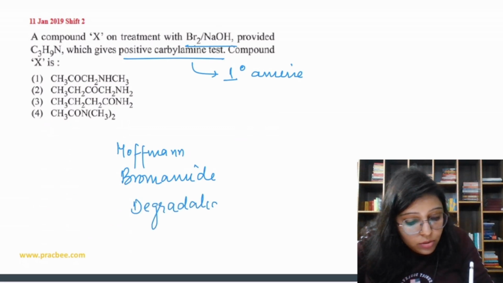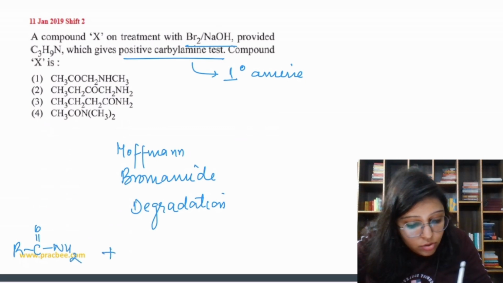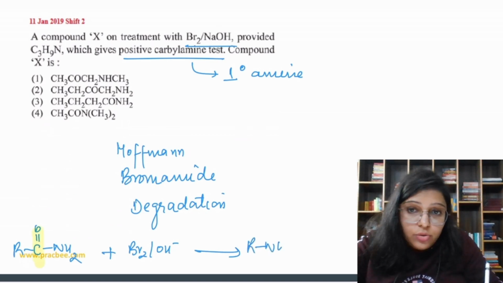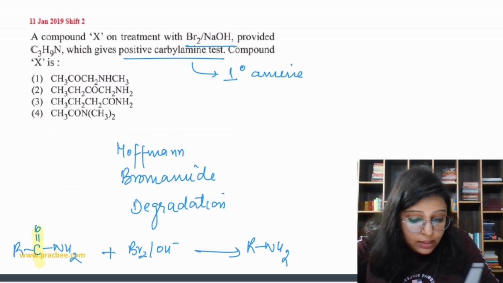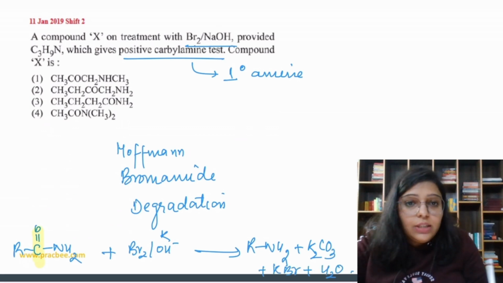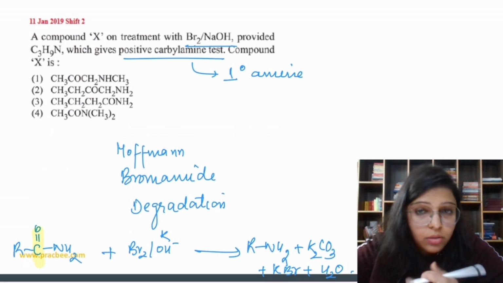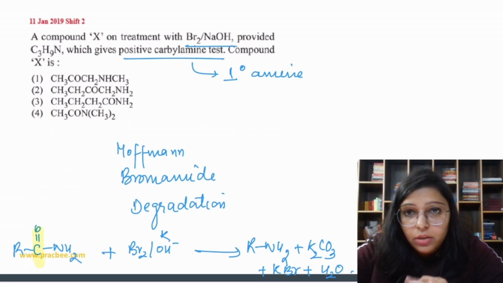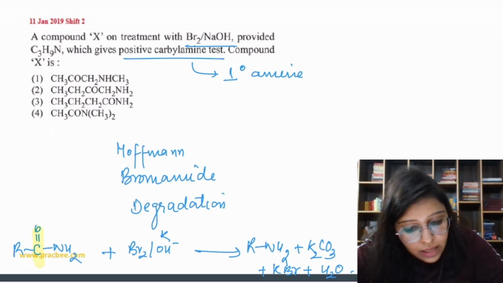If we have RCONH2, then in the presence of Br2/OH minus, we remove this CO and put RNH2. And with KOH, the CO gives K2CO3 plus KBr plus water. These are the byproducts, and some questions are based on the byproducts. The point is that we should be getting a 1 degree amine.